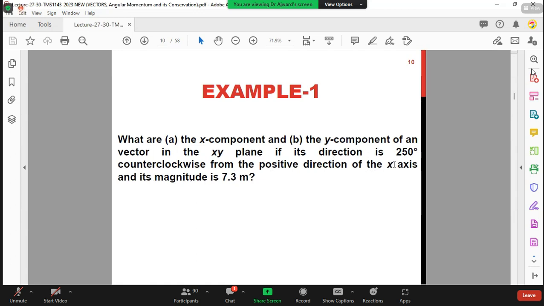So there is a certain vector, theta is given. You can take your piece of paper and draw the xy coordinate system. Just draw a small xy coordinate system and mark the vector 250 degrees counterclockwise from the positive direction of the x-axis.